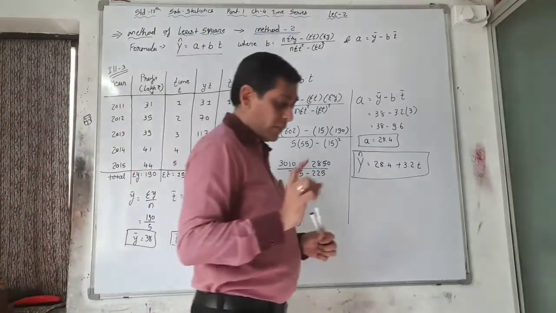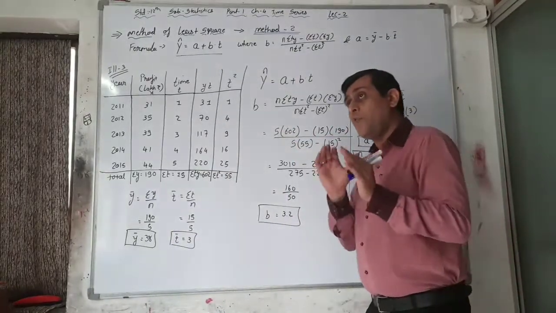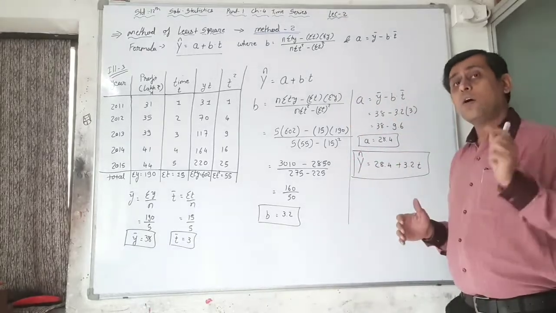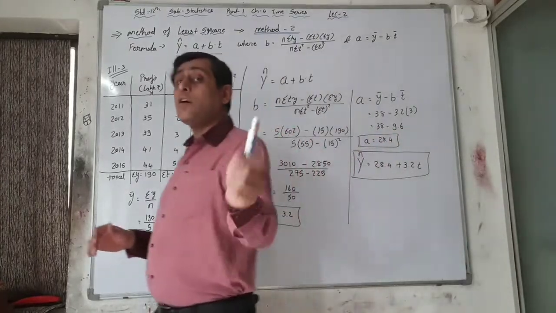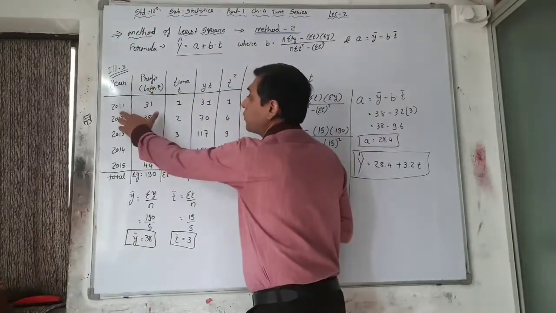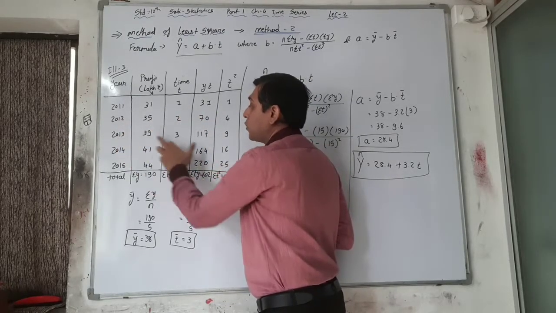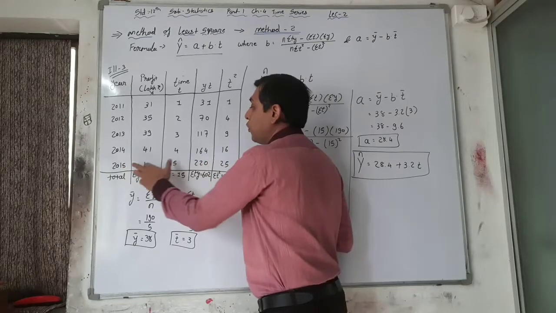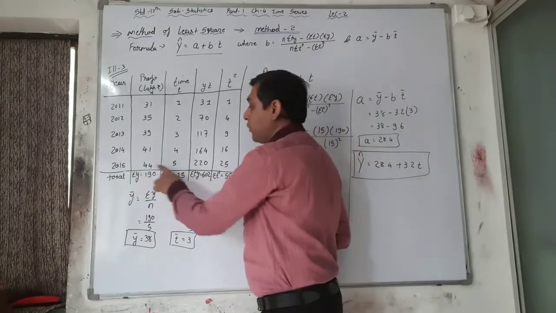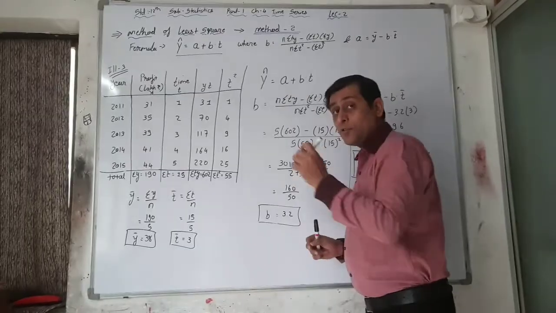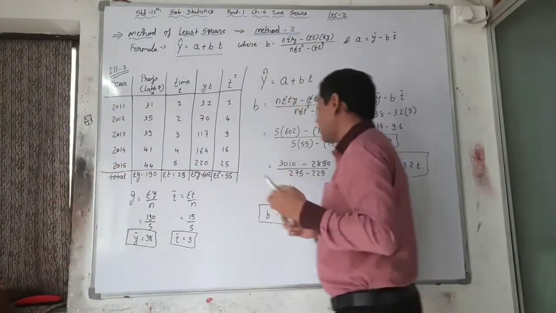See here in chapter number 3, X is given, and we have to estimate the value of Y on the basis of that given X. Here T is not given, here year is given. See, this one 2011 we are taking as first year, 12 as second, 13 as third, 14 as fourth, and 15 as fifth. So we are taking 2015 as fifth year, and they want the profit of the year 2017.